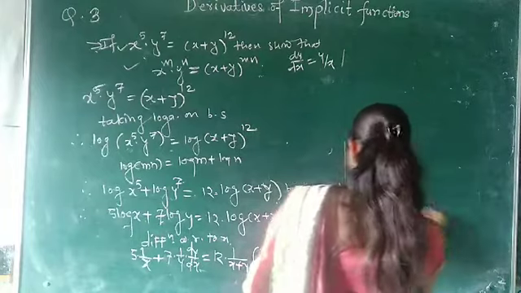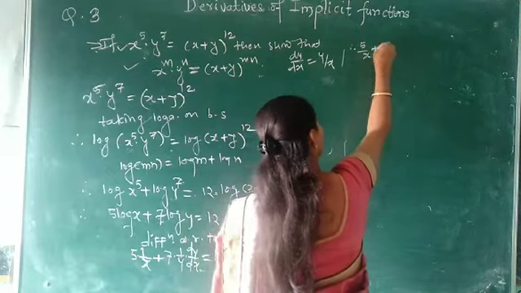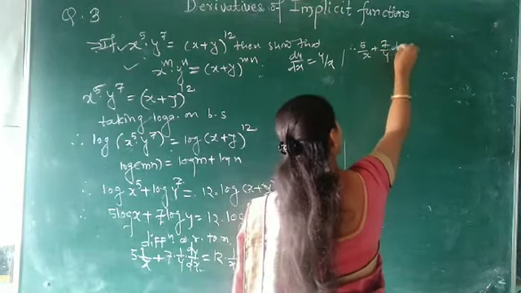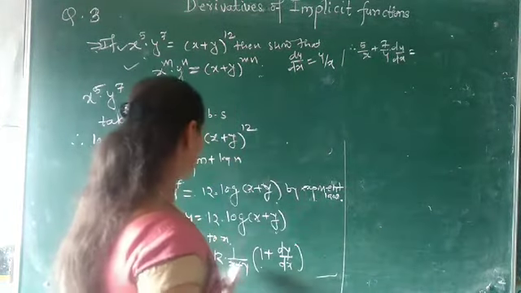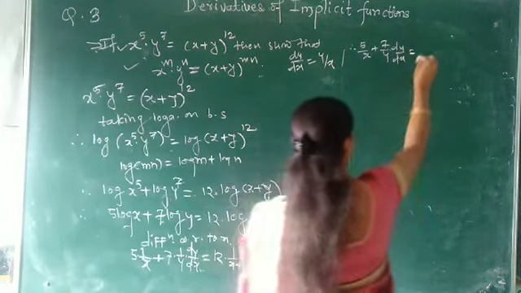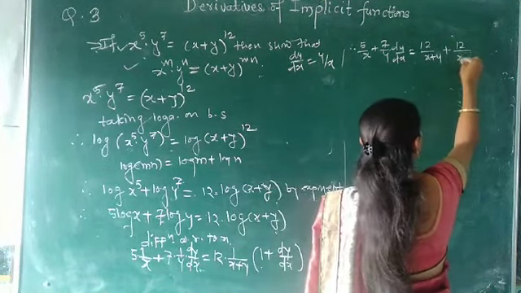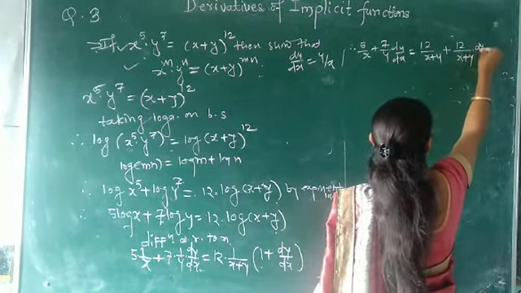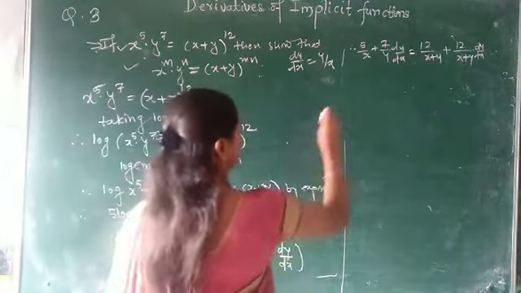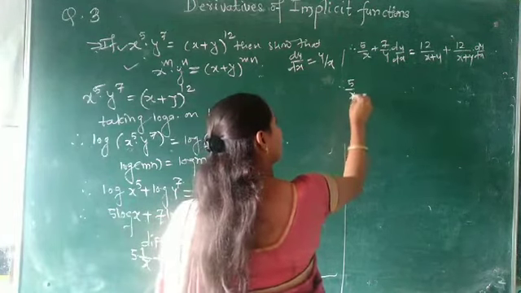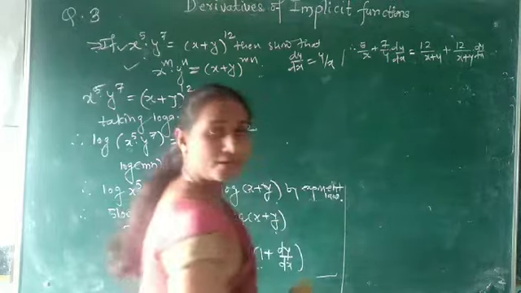Now again we simplify this. 5 upon x plus 7 upon y into dy upon dx is equal to 12 upon x plus y plus 12 upon x plus y into dy upon dx. Now we take the terms of dy by dx together.